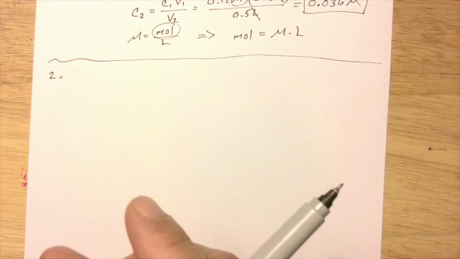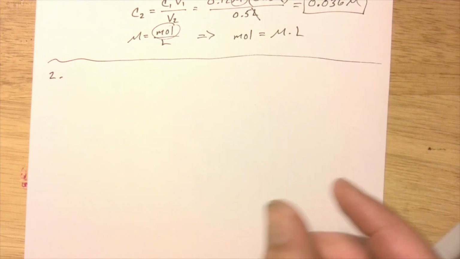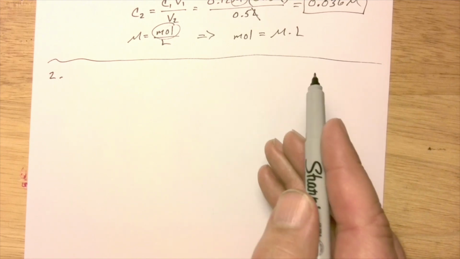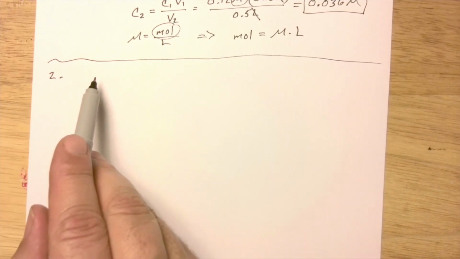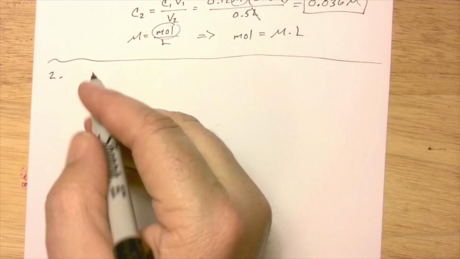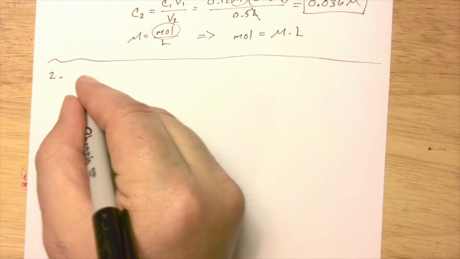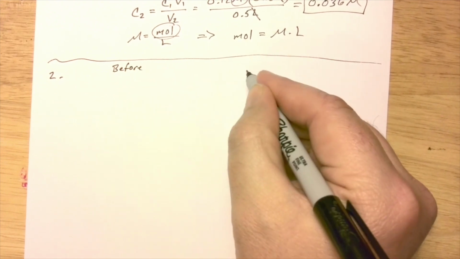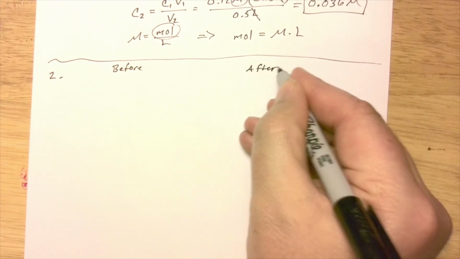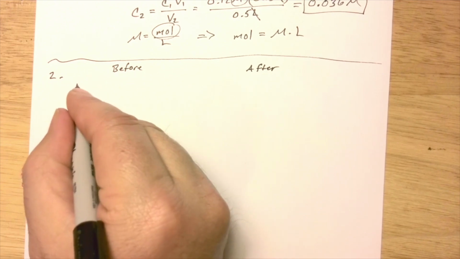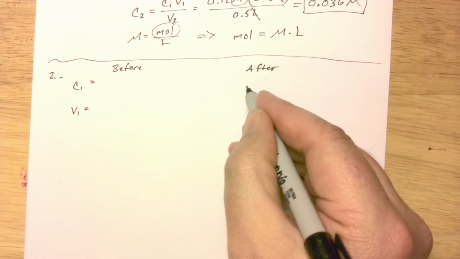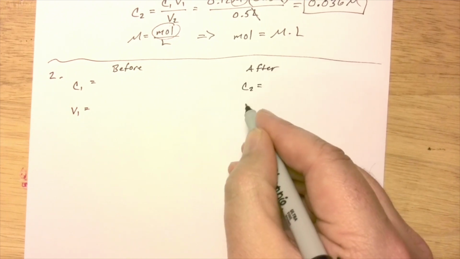So the fact that you need it, that's what you want at the end. So that's your after. But you have 1 molar. That's before you make any changes. So again, we're going to put down, this is your before, this is your after, and so you have C1, V1, and this is C2, V2.